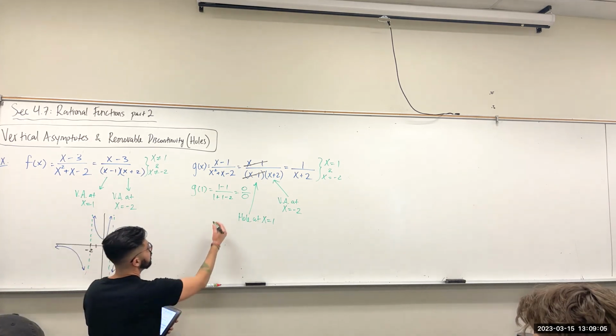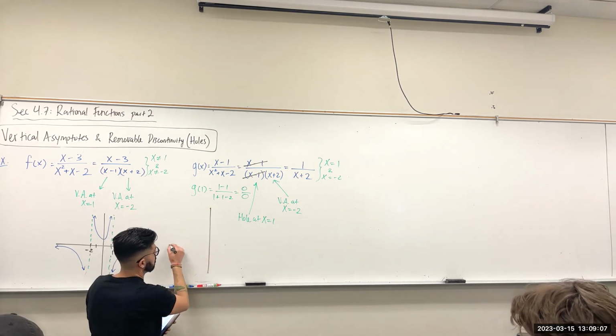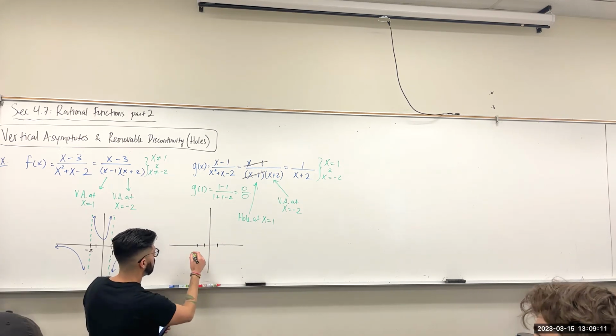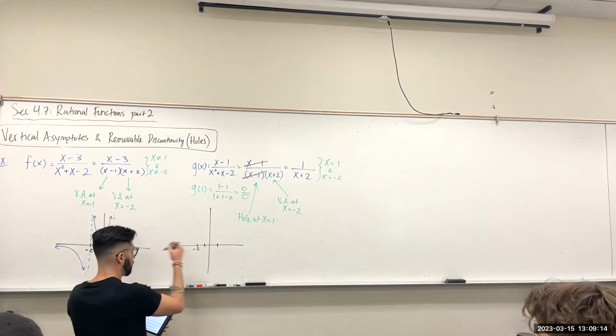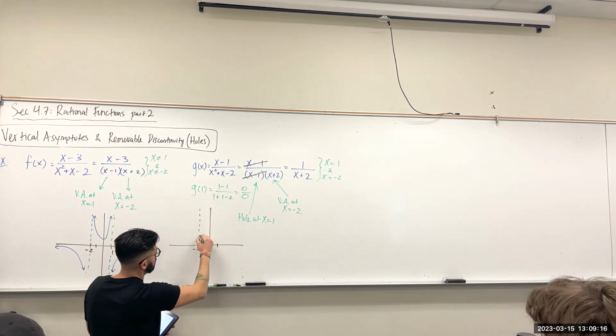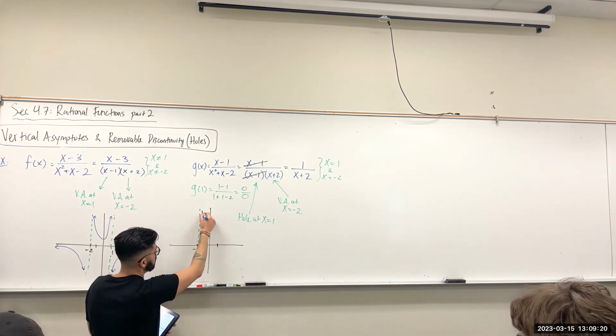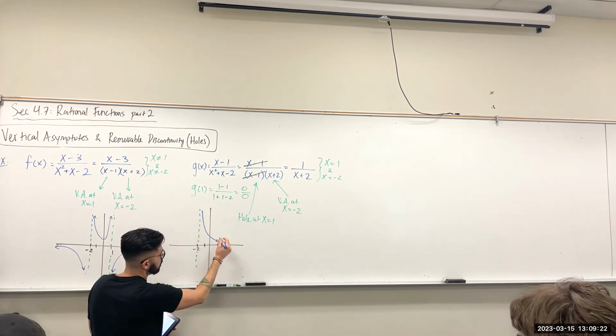Versus the one over here, only at -2 we had a vertical asymptote. And then the graph looked something like this, but then we noticed there was a hole there.